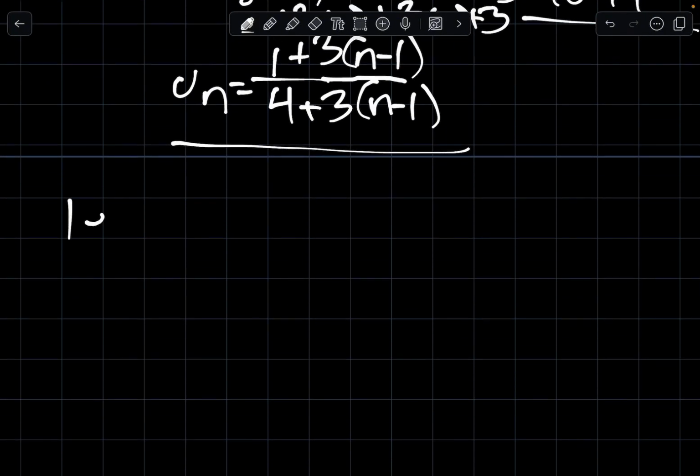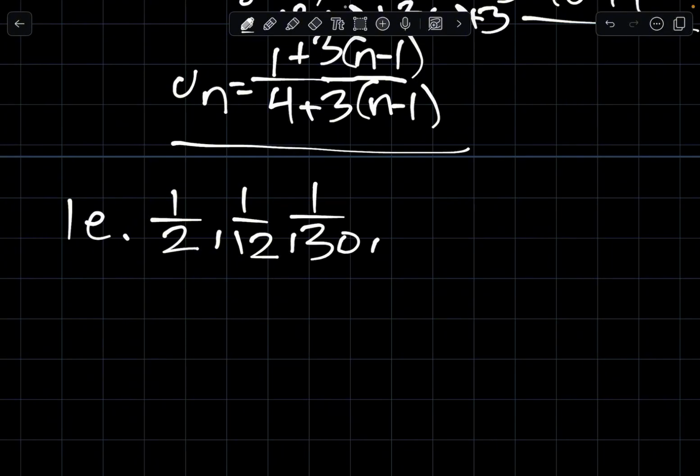Let me scoot over to the left a bit. 1e states this sequence: 1/2, 1/12, 1/30, and 1/56. So we know that our numerator isn't changing. It's just going to stay 1. So let's just focus completely on our denominator here. Now, whenever I first look at this, there's no clear visible pattern.